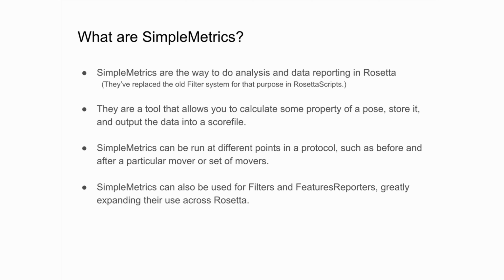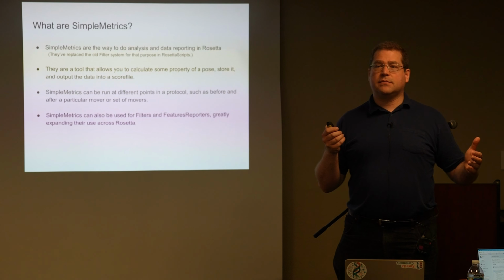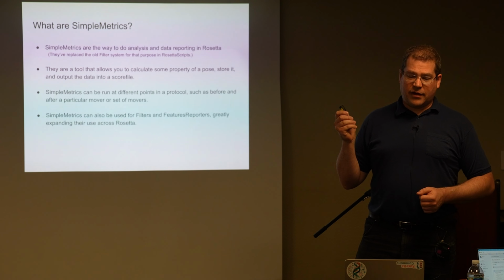You can run these SimpleMetrics at a number of different points in your protocol. So if you have a larger protocol that you're modifying, you can look at multiple stages to see what each of the values of these metrics are. They also hook into other systems in Rosetta, such as a SimpleMetric filter that lets you use a SimpleMetric as a filter value, or you can hook it into the features reporters or some of these other systems where you're looking for values.